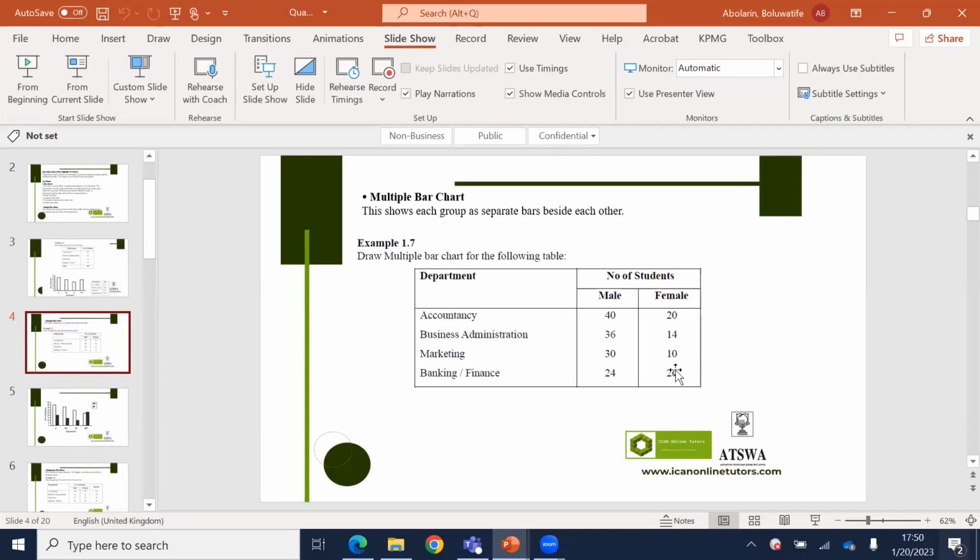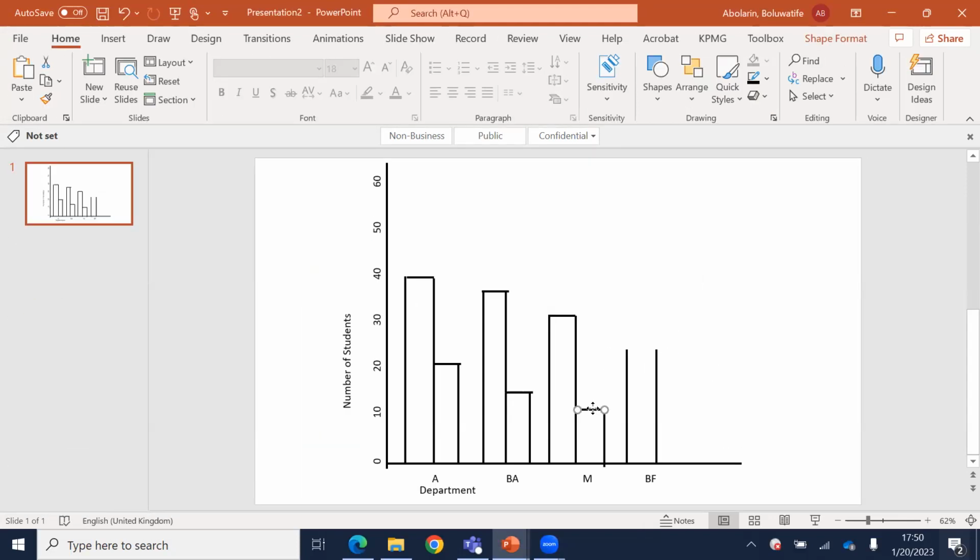And the second one is what? 26. Let's cover this up. So which means that 26 will be a little bit higher than 24.